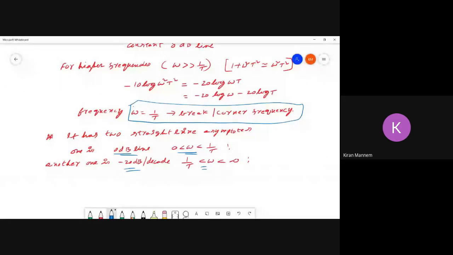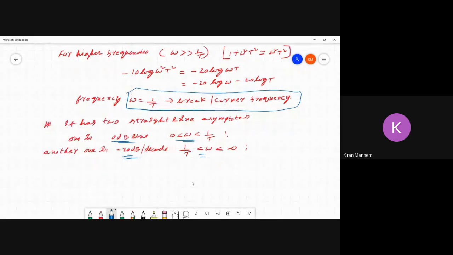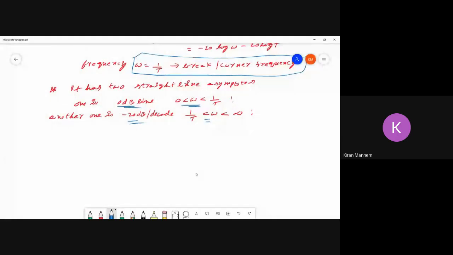Let us find out the error introduced in this basic factor. Since we made some approximation, we have some error in this magnitude.